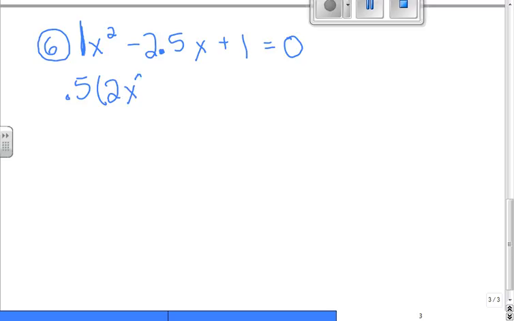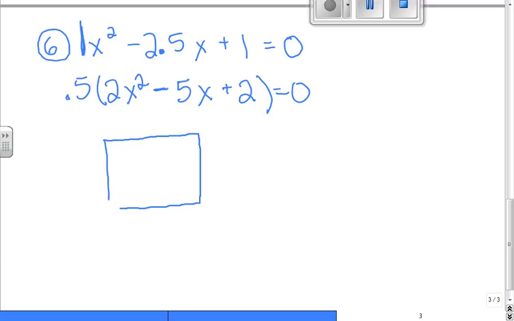So we've got 2x squared. 0.5, or 50 cents, times negative 5 would give me negative 2.5. And 0.5 times 2 again would give me 1. And this is equal to 1. So now we're going to take this new quadratic and see if it's factorable. Factoring's often much quicker and easier than the quadratic formula. So it's often easiest to try to factor first before we work with the quadratic formula.